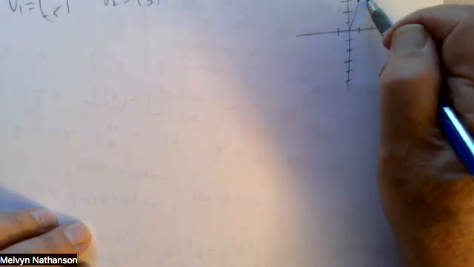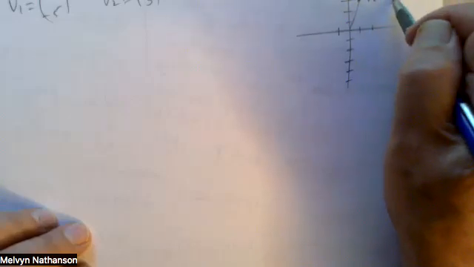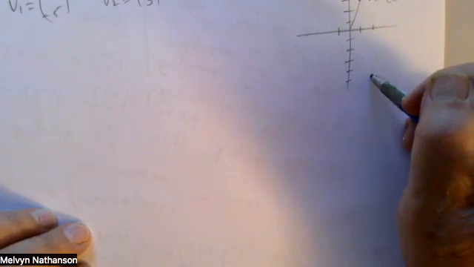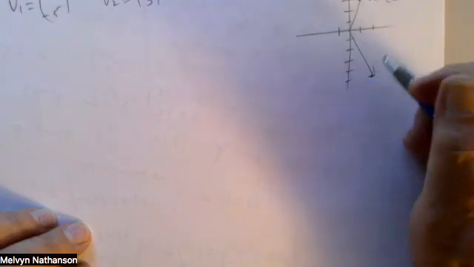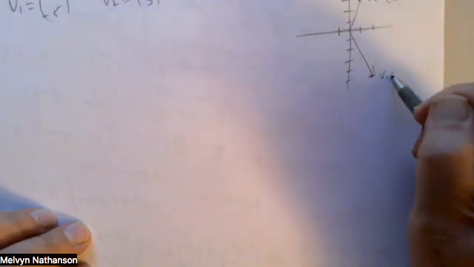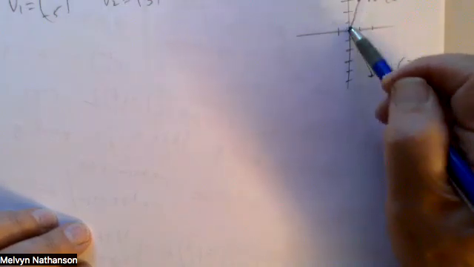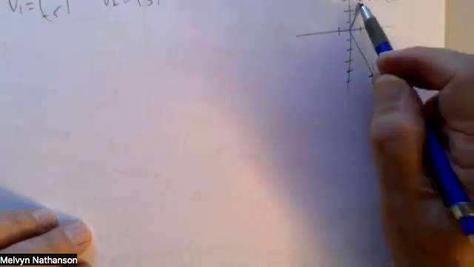This is V2. The vector (2, minus 5) is here. This is V1. So here we have two vectors in the plane. They're not perpendicular or orthogonal. Their dot product isn't 0. But they are linearly independent, and they form a basis.